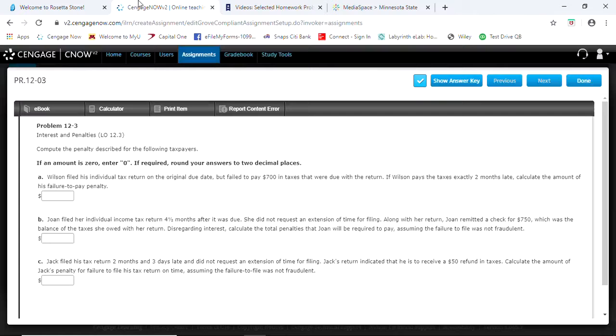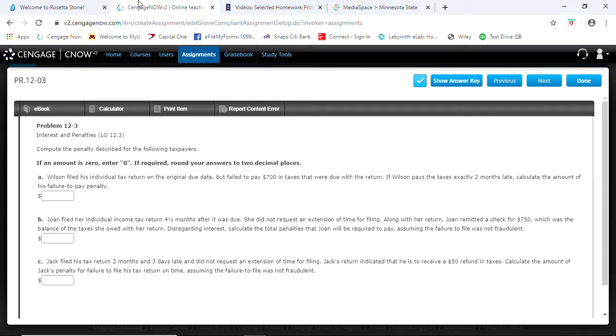Let's talk about one last problem from chapter 12. I want to talk about problem number 3. This is one where you're doing a problem that's very similar with different numbers. So let's take a look. This is on the interest and penalties.